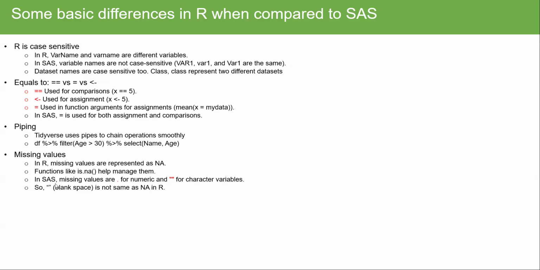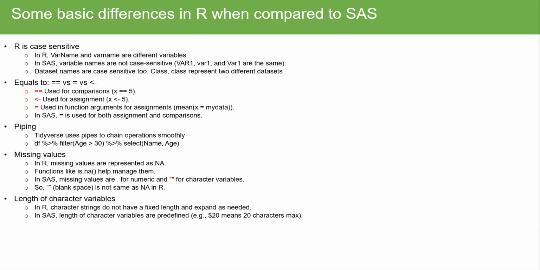Whereas in SAS, missing values are represented with a dot for numeric variables and blank or null for character variables. In R, a blank space is not the same as NA. As SAS programmers, we tend to check if a variable's value is not equal to missing to check for non-missing values, but that will not work in R. We'll have to make use of explicit functions that are available to check for missing values in R.